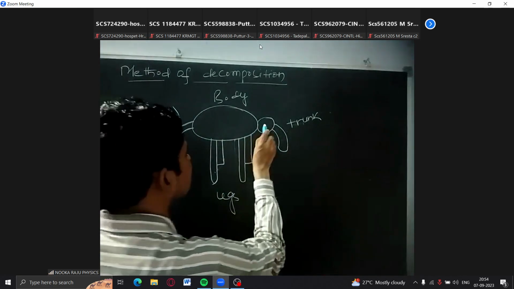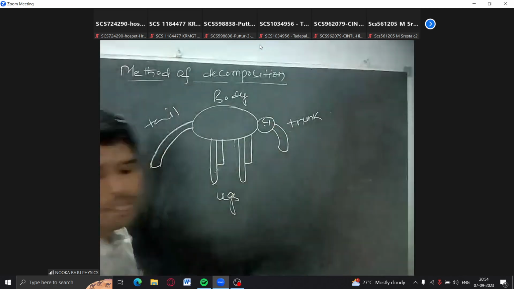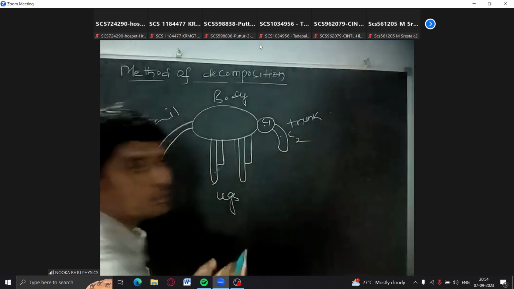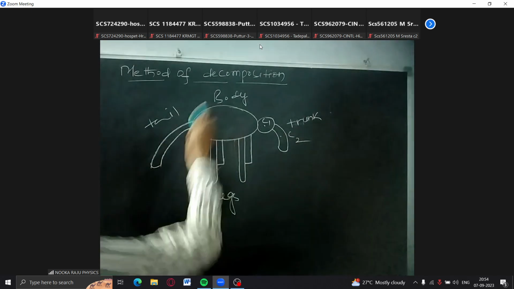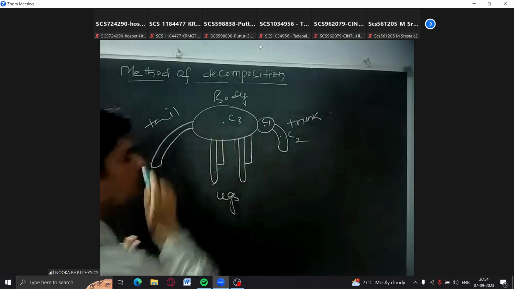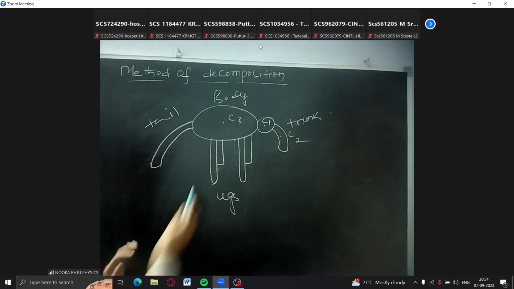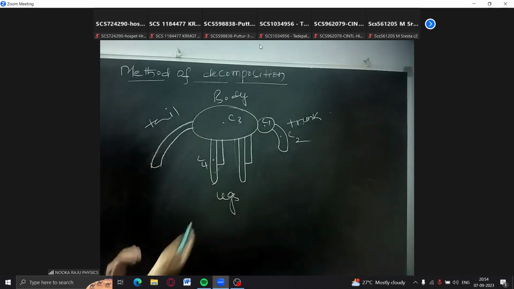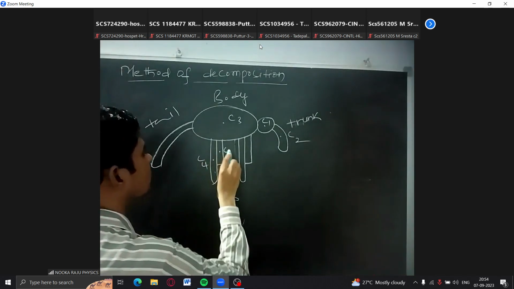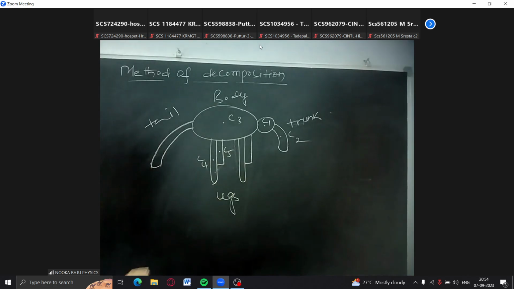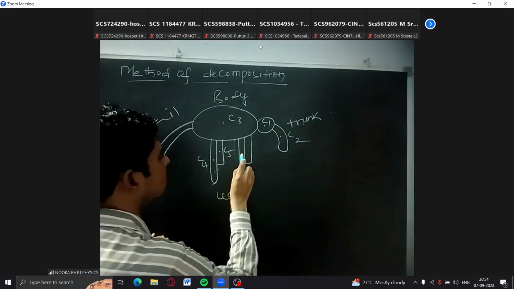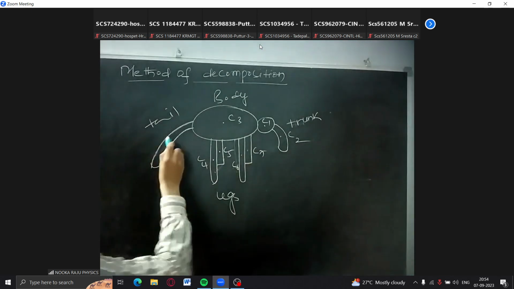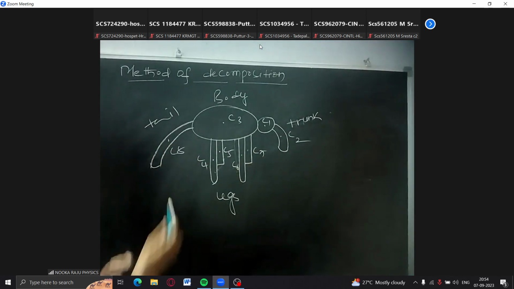First, I want to consider the center of mass like C1. Center of mass of this part like C2. Center of mass of this body like C3. Center of mass of this leg like C4. Center of mass of this leg like C5. Center of mass of this leg like C6, C7, C8.